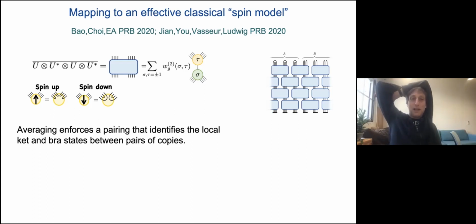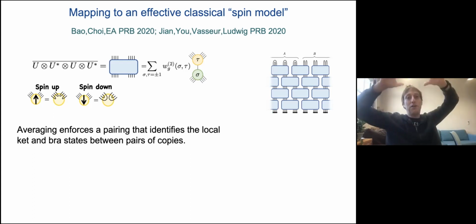But never mind, in the end you can integrate it out, and each unitary is related to a spin 1/2. So the point where there was a random unitary gate is replaced by a spin 1/2 degree of freedom.